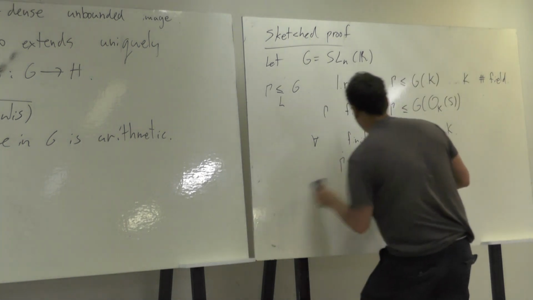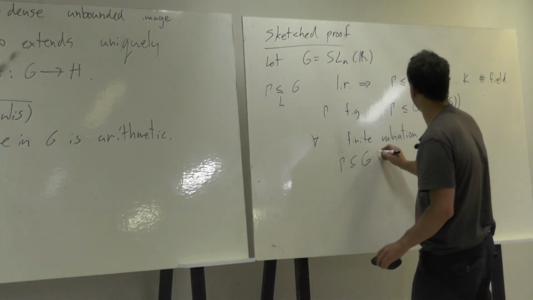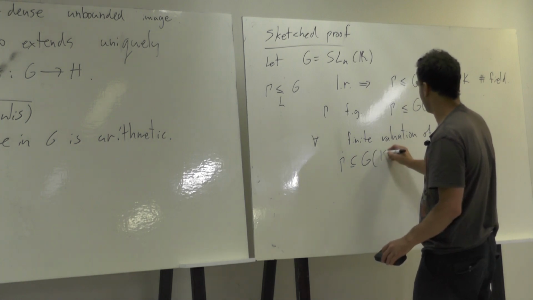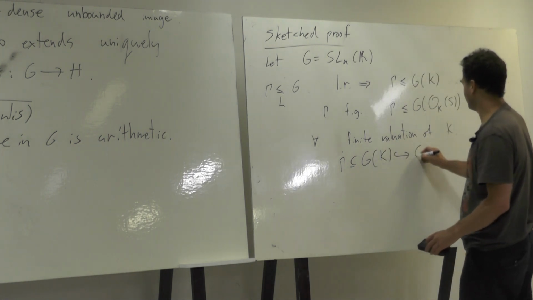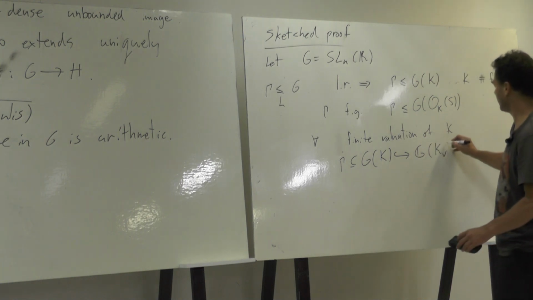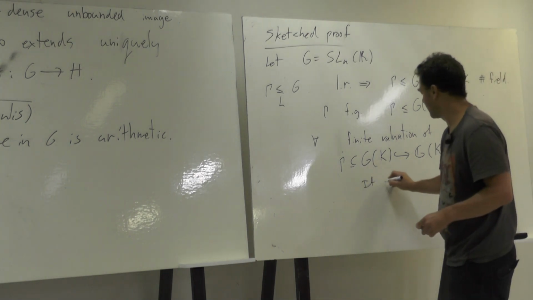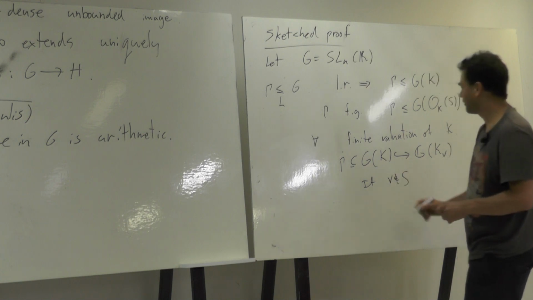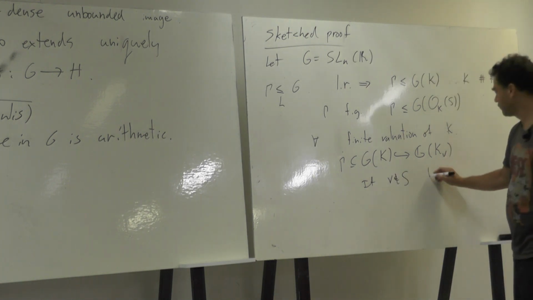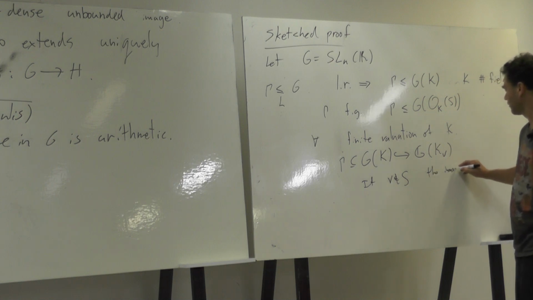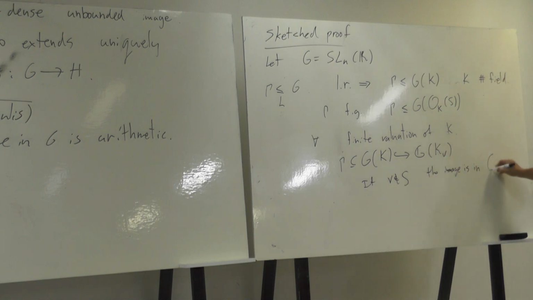Look at the map gamma, inside G of K, into G of the corresponding local field, say Q_p. Whenever v is not in S, the image is in G of O_Kv.